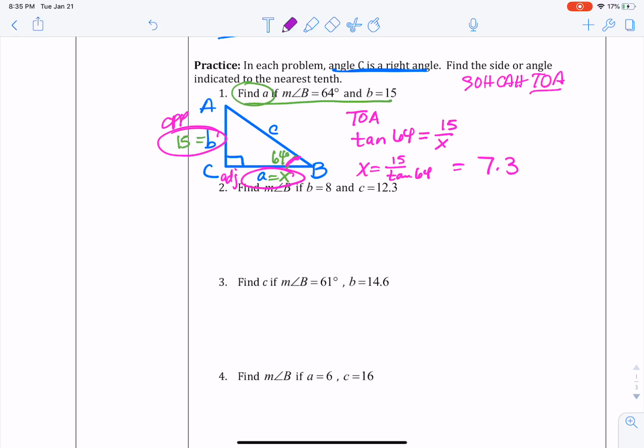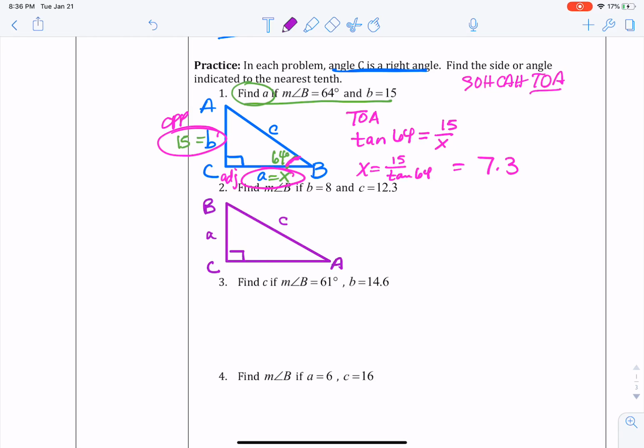Now, number 2 focuses more on what we did in class on Tuesday. So we start by drawing our triangle. So that, and here's C. Notice that this time I switched A and B. It doesn't matter.